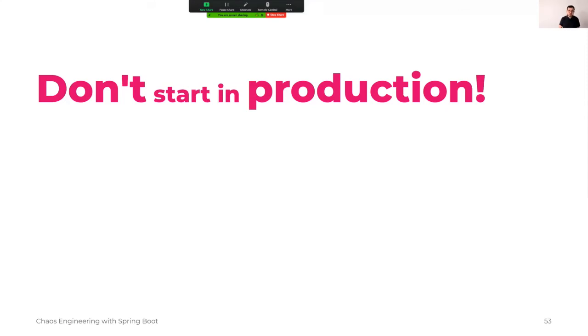Maybe try them first locally, go to an integration or staging environment, gain some knowledge there about the system, how it might behave, about your experiments and so on, and just don't start in production, because that really might hurt your business, right?